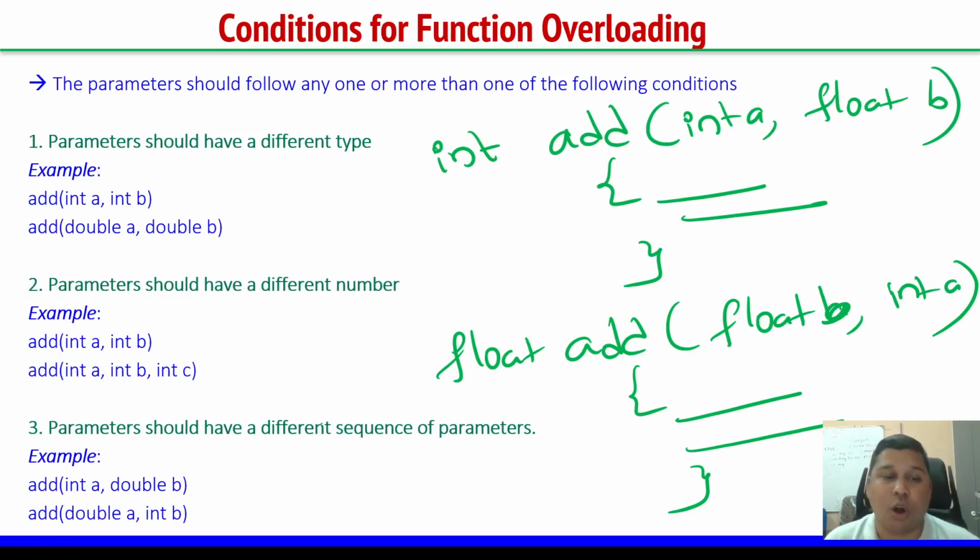Okay, can we call this an example of function overloading? What about this one? Int add int a, float b, and float add float b, int a. Can we call this function overloading?